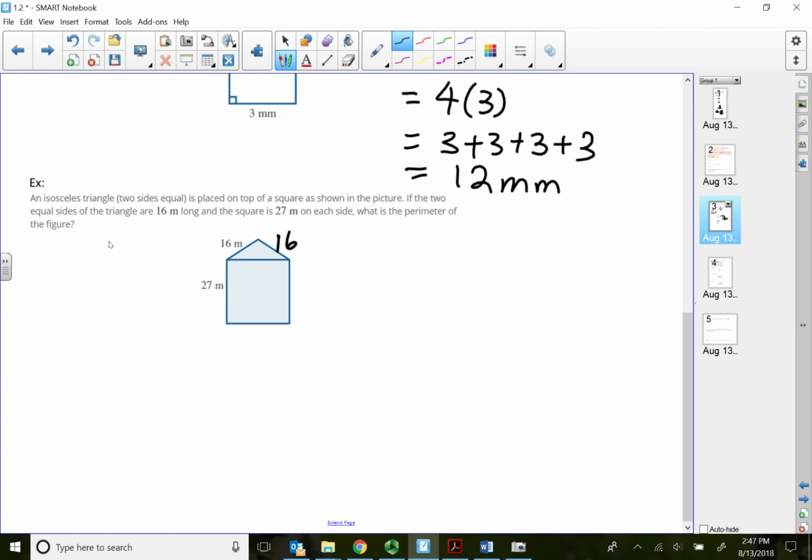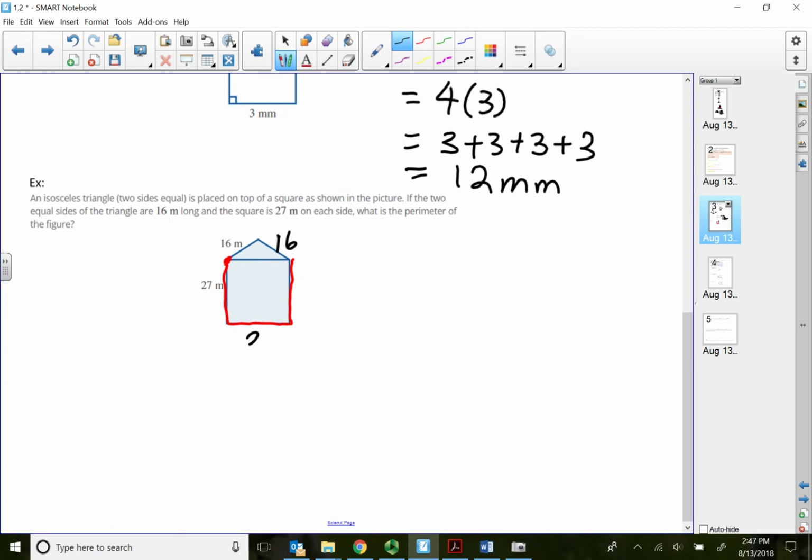So be careful now. This is looking for perimeter. So if I start right here, traveling on the outside, that's 27. This is 27, and that's another 27.